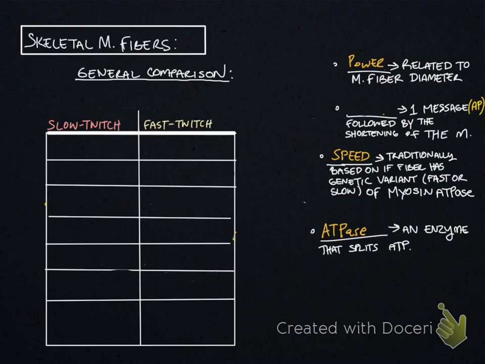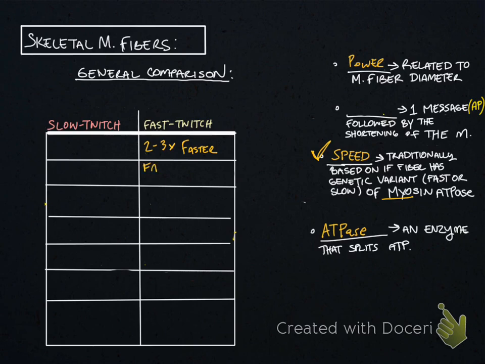So the difference between the two is, well, basically the speed. In fast twitch, they can contract 2 to 3 times faster than slow twitch. And a lot of it has to do with the type of myosin they have.